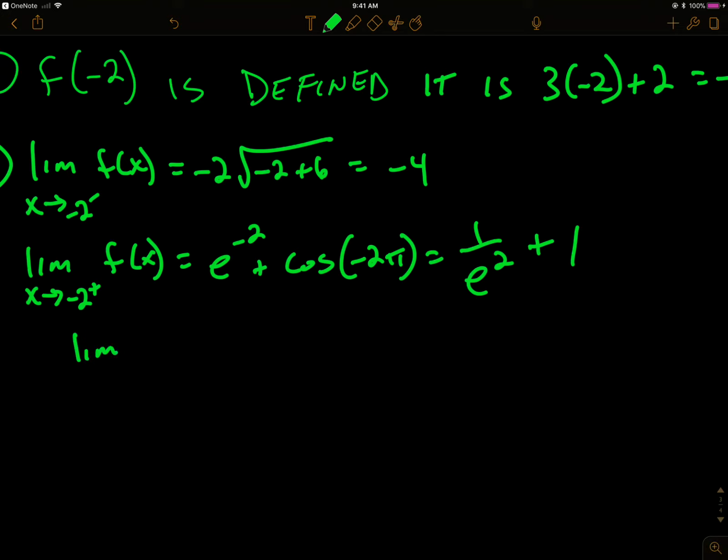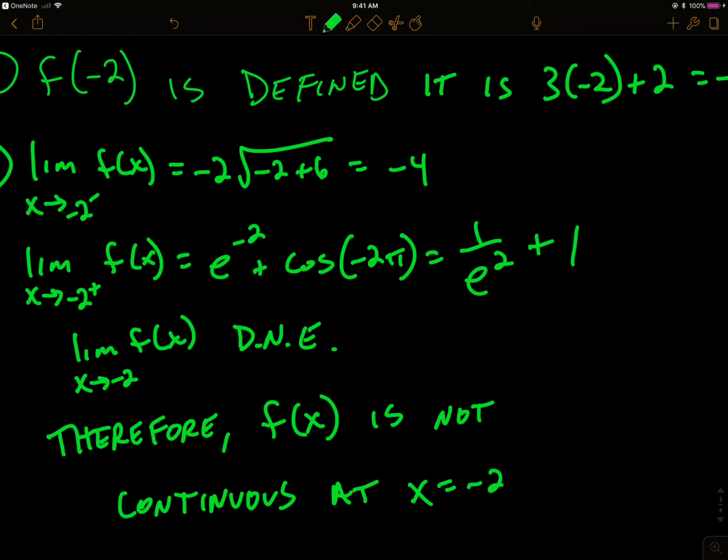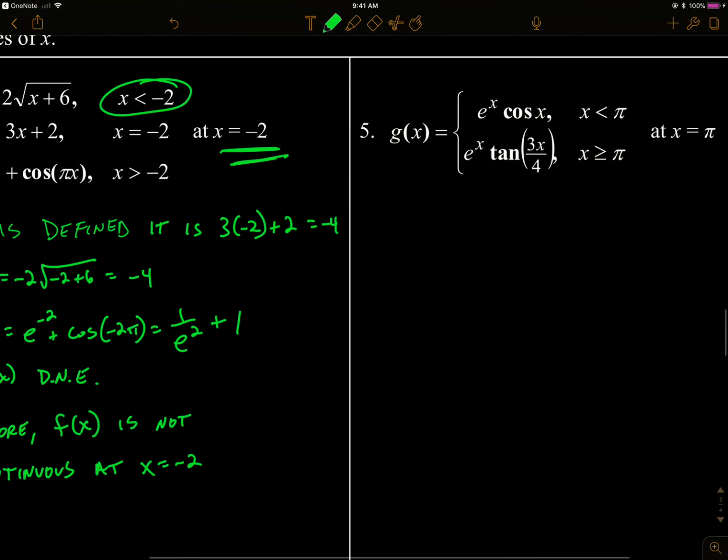So therefore, we say the limit as x approaches -2 of f of x does not exist, and the function is not continuous. So the limit does not exist, therefore, one word this time, f of x is not continuous at x equals -2. Alright, it broke criteria 2, so we didn't have to go any further.